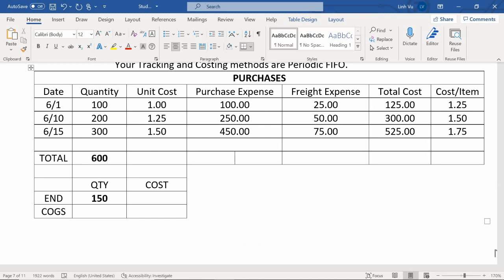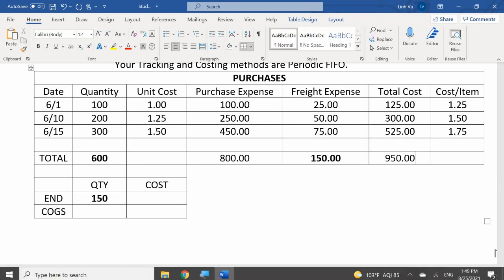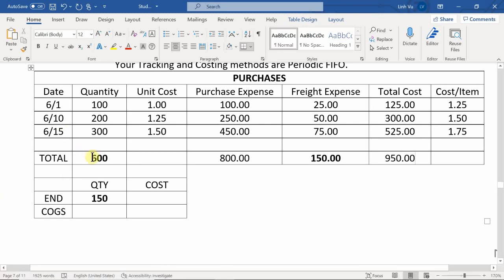At what total purchase price? $800. How much was my total freight? $150, giving me a total cost of $950.